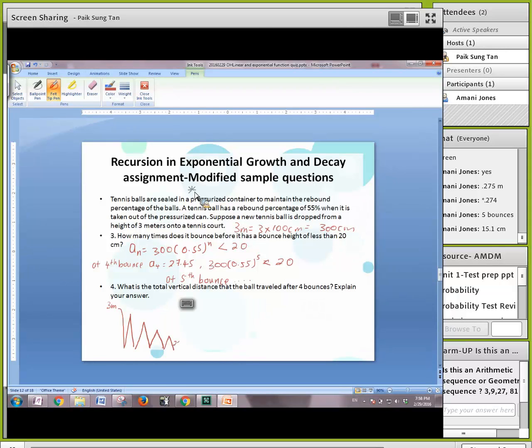So this is 27.45 centimeters, and it's 27.45 centimeters.